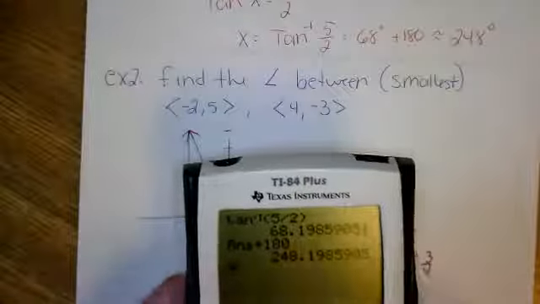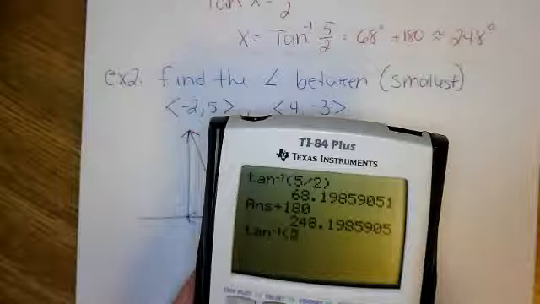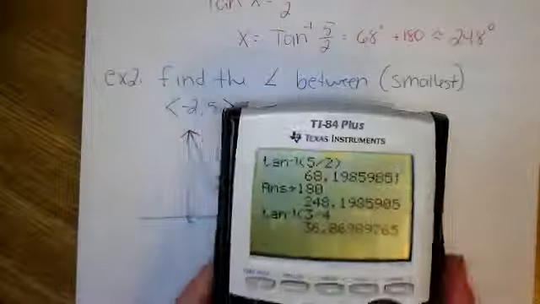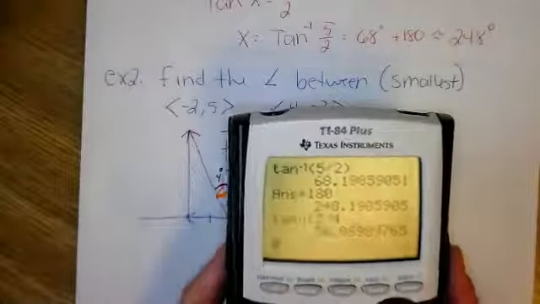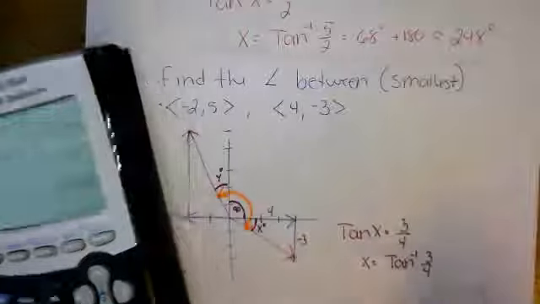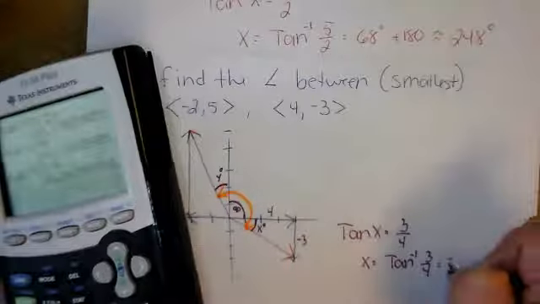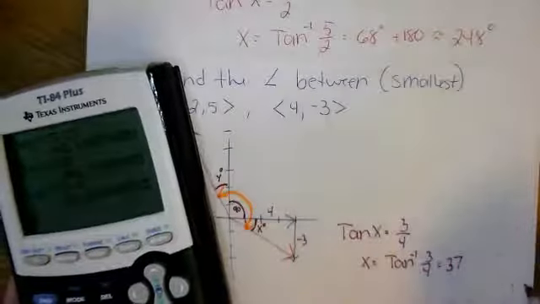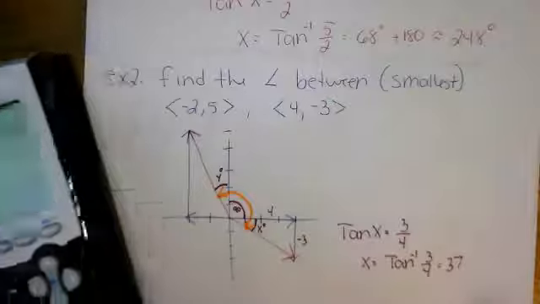So inverse tan, 3 divided by 4, that angle in there is about, I'm just going to go to the nearest whole degree and say 37 degrees. I could say 36.9, but we'll go 37.